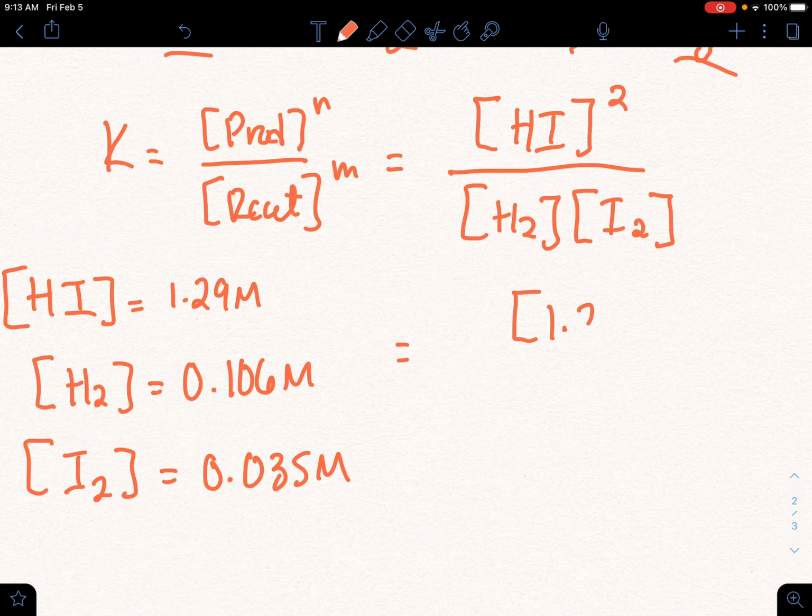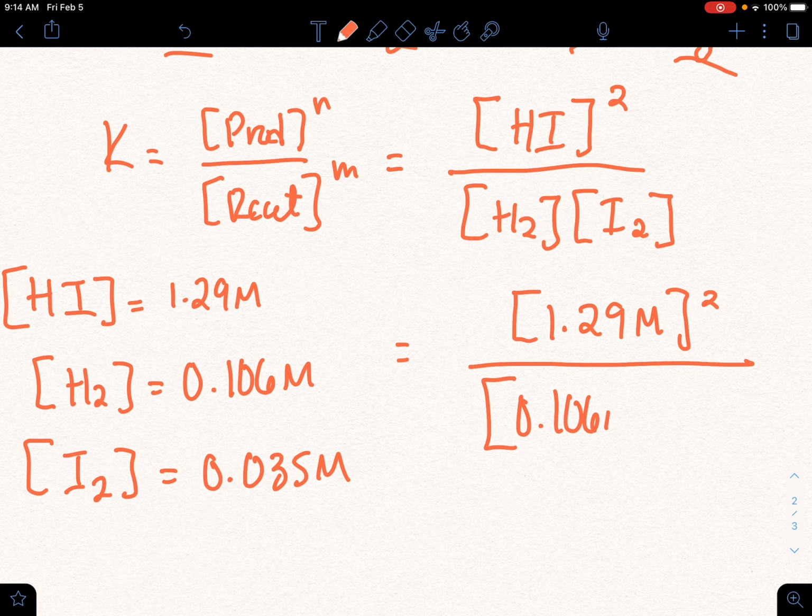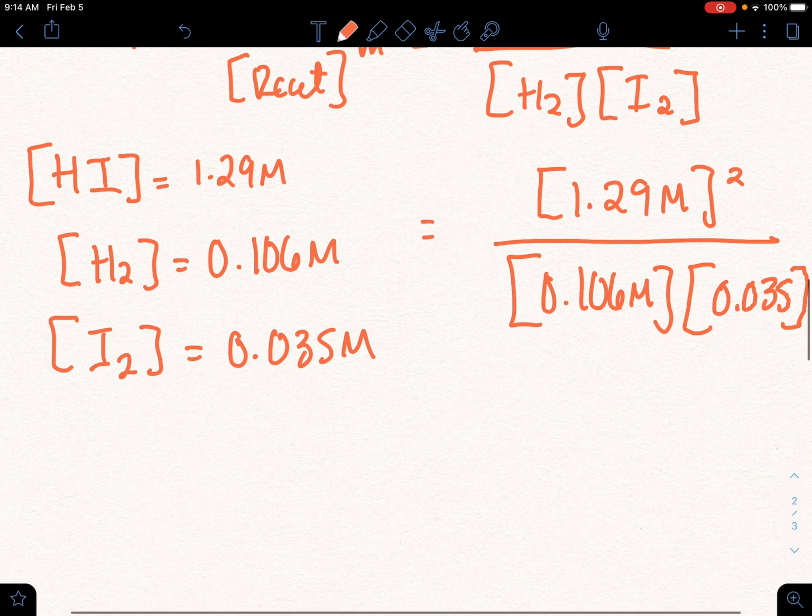K equals HI, 1.29 squared molar, over H2, which is 0.106 molar, times 0.035 molar. If you plug this into your equation, you get K. You can also label it as Kc because we're going to have different types of Ks.